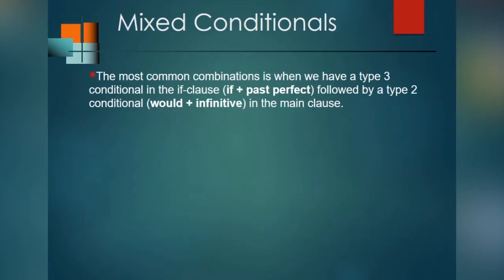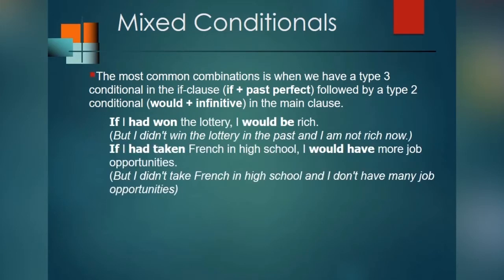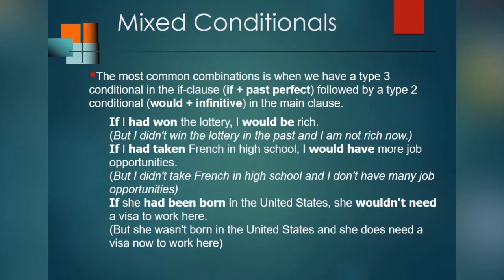There is a possibility of creating mixed conditionals, combining type 3 in the if clause and type 2 in the main clause, when we have past situations which affect the present. For example, if I had won the lottery, I didn't win the lottery, I would be rich, but now I'm not rich. You can see similar uses in the other examples.